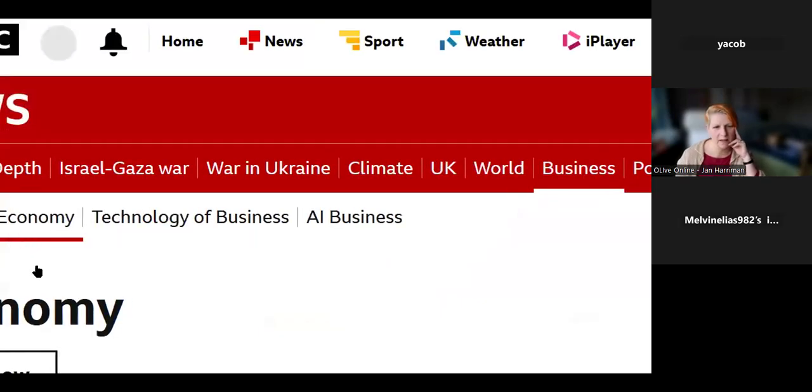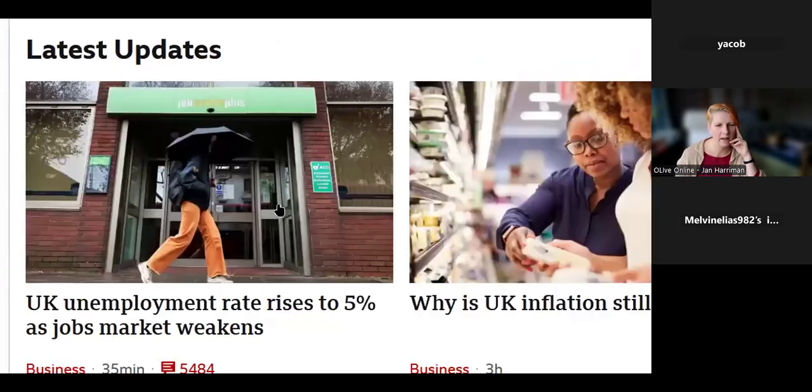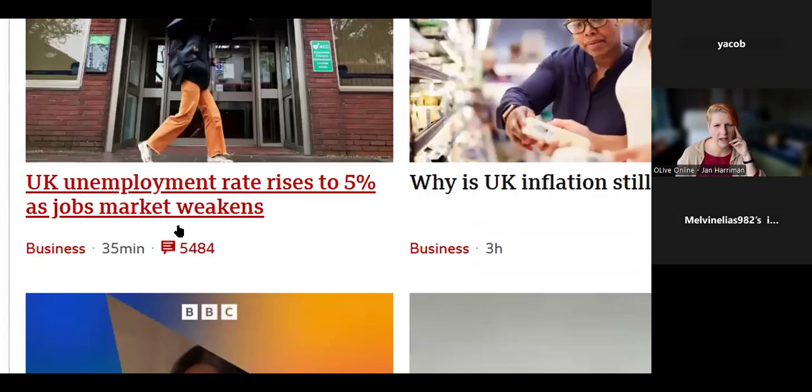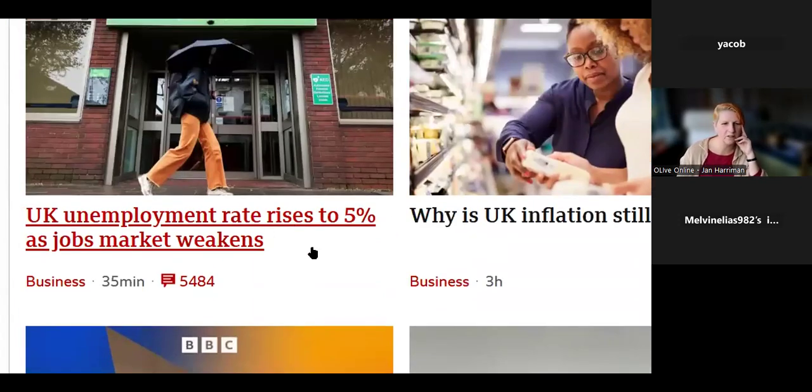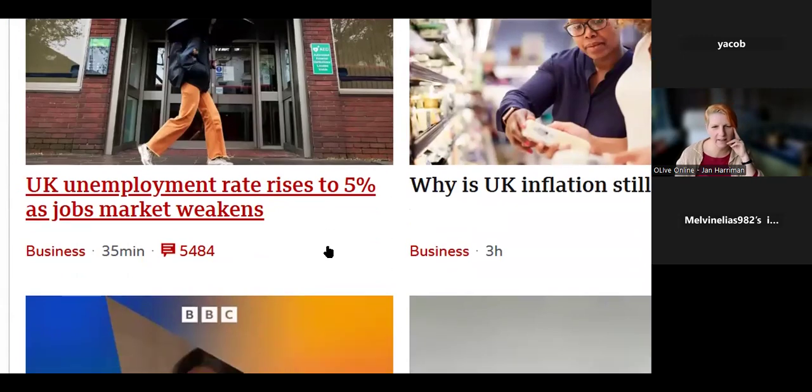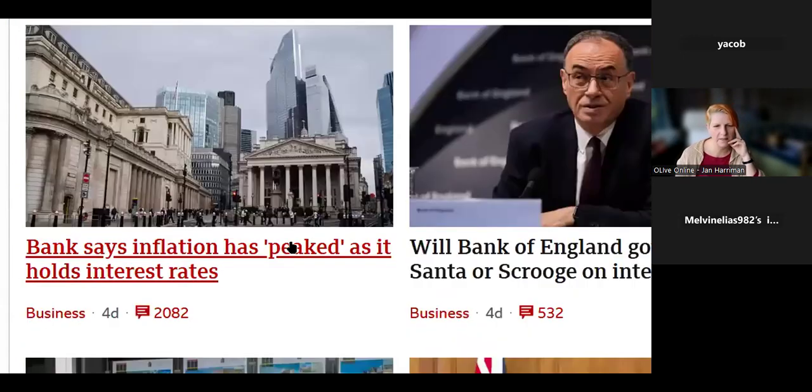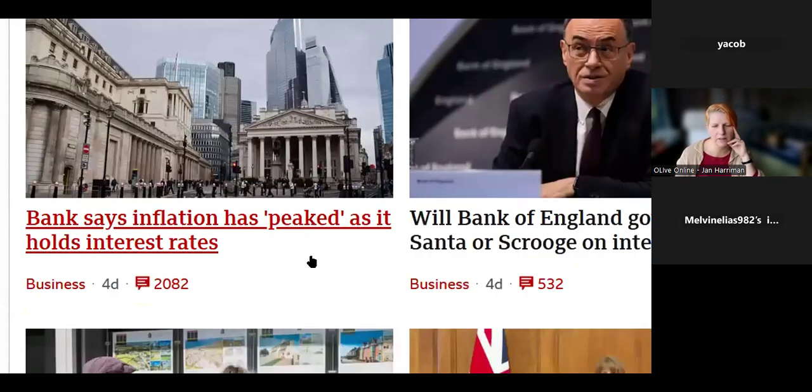So the economy section of the BBC will have articles on changes. Unemployment rate rises to 5%. Okay, so this is going to give you really good collocations for changes in levels of numbers.